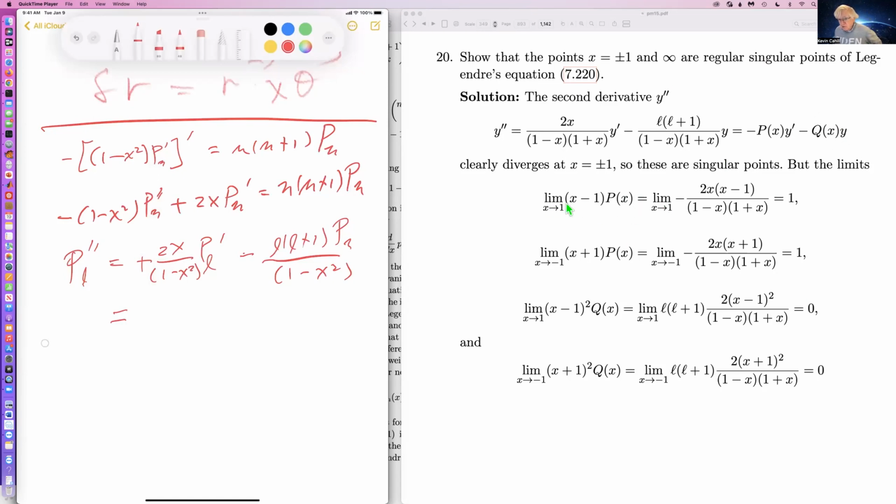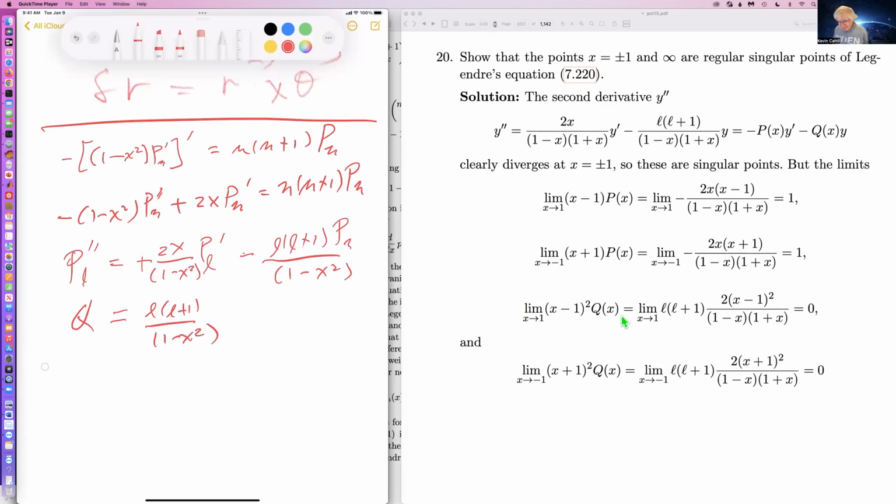In any event, when you multiply by x minus 1, you just get 1 here, and you get 1 there when you multiply x plus 1 and go to x minus 1. And the same thing with Q, you go to 1. And so what is Q in this case? Q is L(L plus 1) over 1 minus x squared.